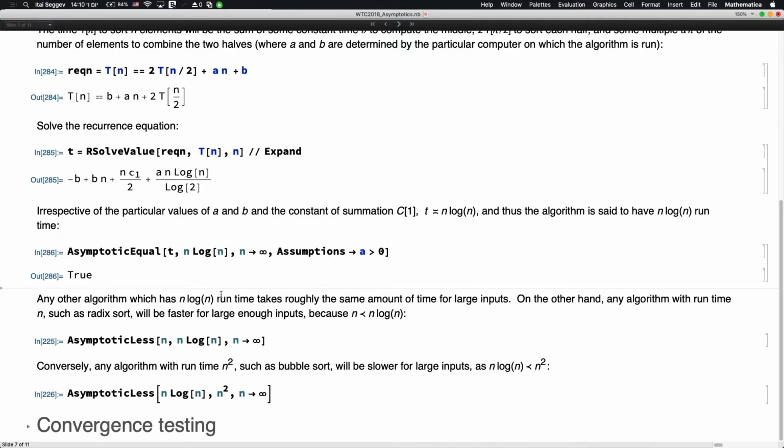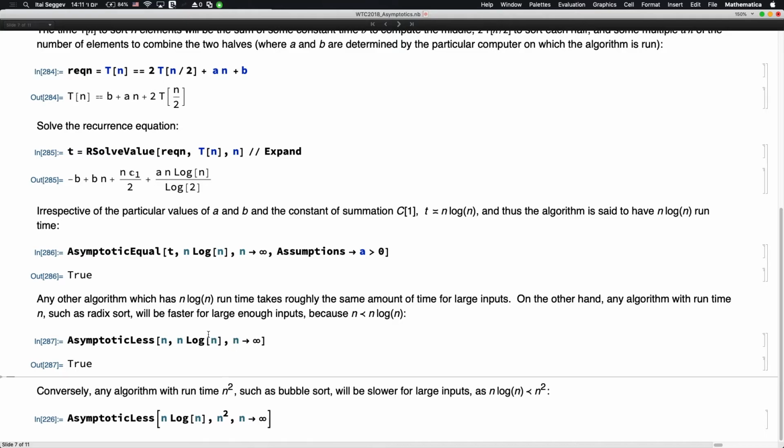So we have this recurrence equation for how long it takes to sort n numbers. Our solver can solve that for us. And so we get this, and in particular, this formula is going to be asymptotically equal to n log n.